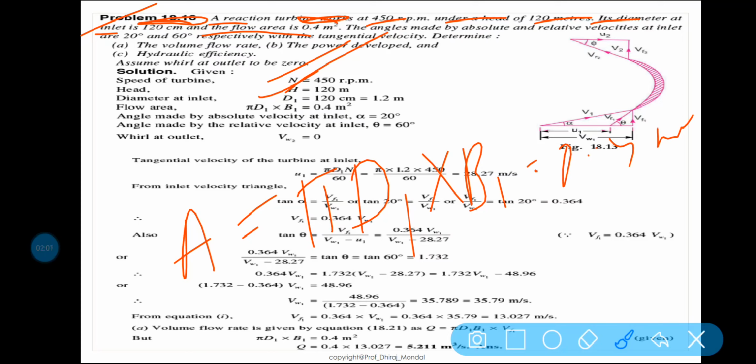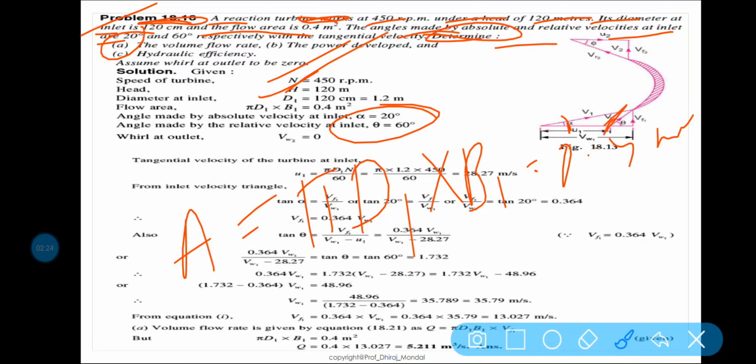Next, the angles made by absolute and relative velocity at inlet are 20 degree and 60 degree. So 20 degree is the alpha angle made by absolute velocity, and theta is equal to 60 degree.